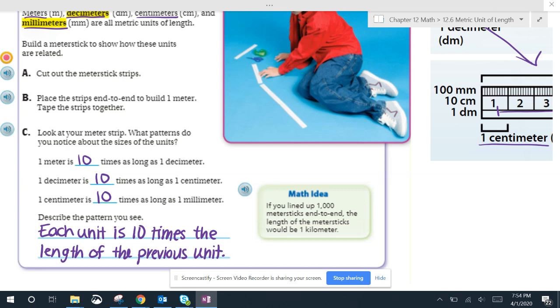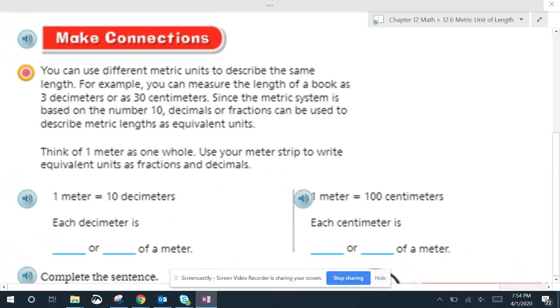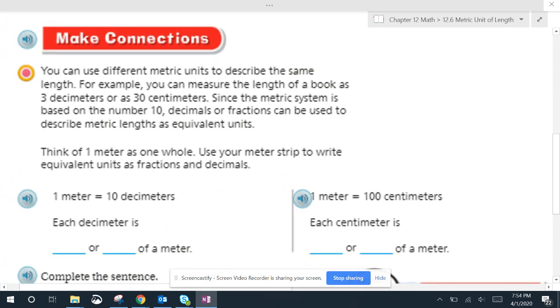Okay, let's go to our next example. We're going to be making some connections. You can use different metric units to describe the same length. For example, you can measure the length of a book as 3 decimeters or as 30 centimeters. Since the metric system is based on the number 10, decimals or fractions can be used to describe the metric lengths as equivalent units.